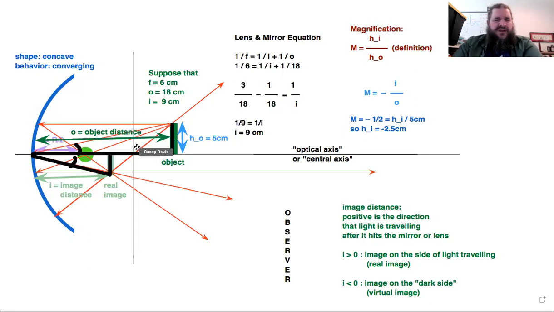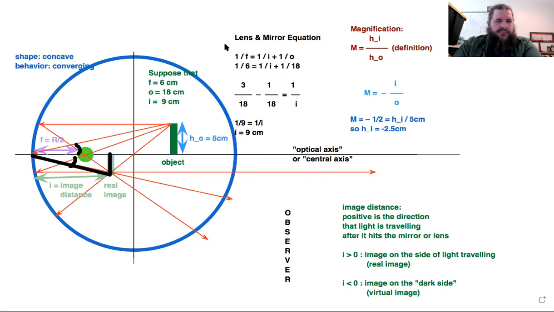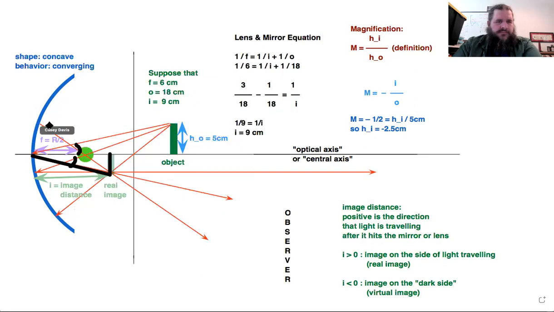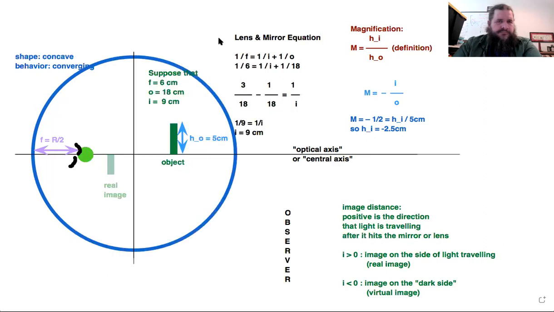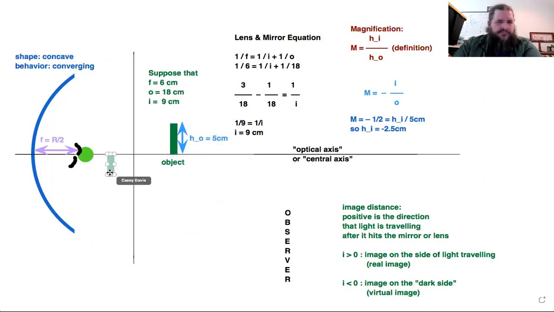So let's see if we can set up another example that's going to lead to a different image. Let me clear out these rays of light. And let's put the same object at a different location.